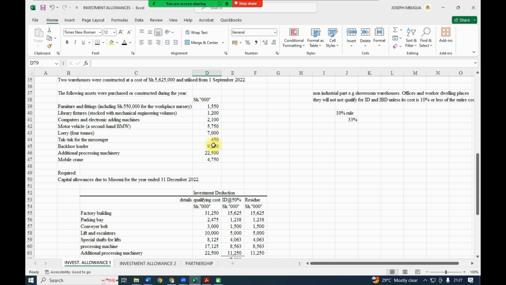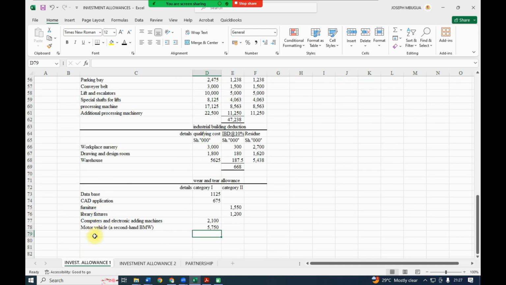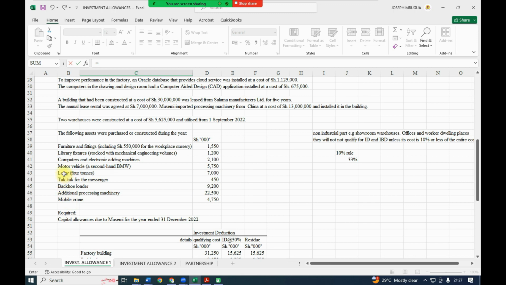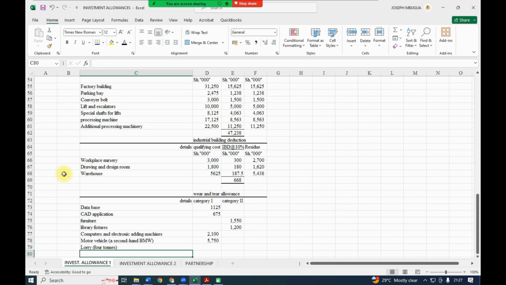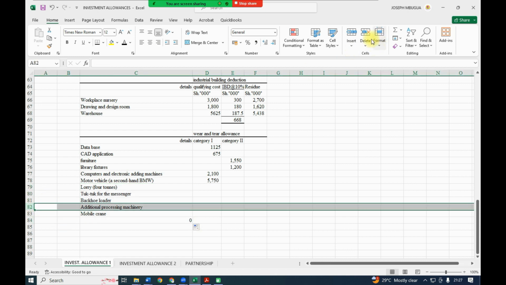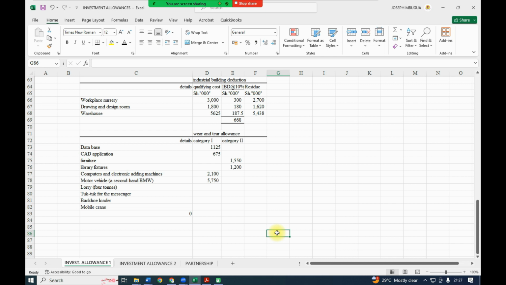Then you have the lorry, all these others apart from the machinery. So we had a lorry, 4 tons. Let me fix this. The only thing that we shall eliminate is this one, and I think that's all we are eliminating.